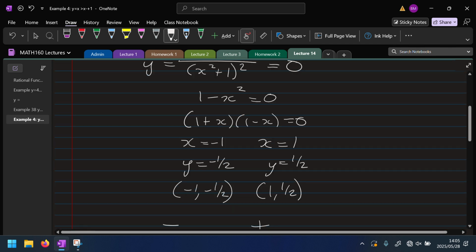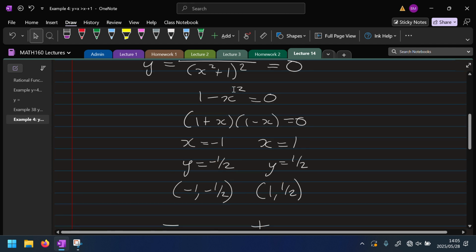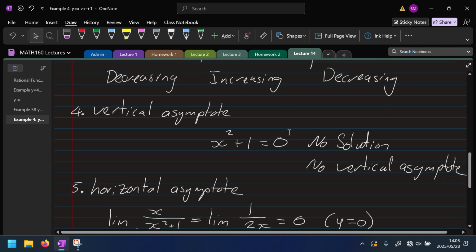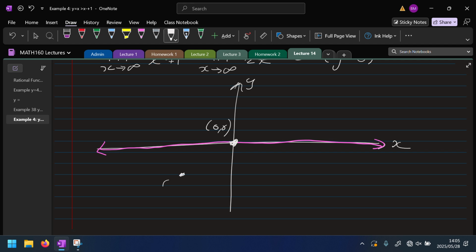So let's fill that in. That's going to be right there. Then we have 2 other points that we can work with. The turning point, -1, -1/2. And then on the other side, 1.5.